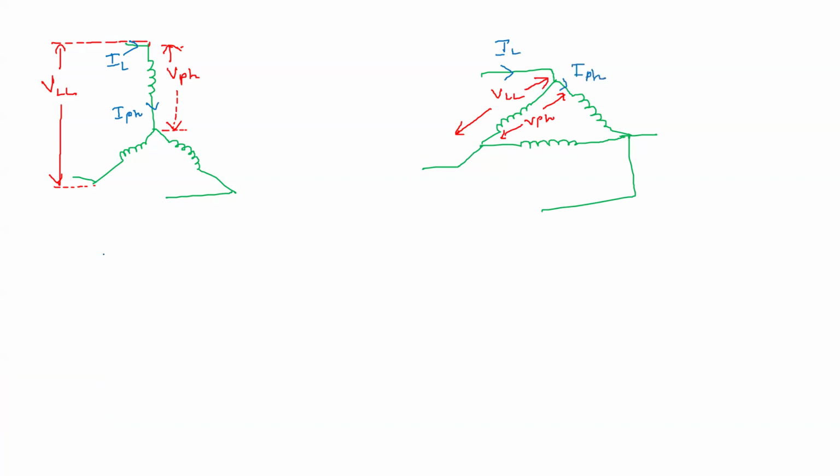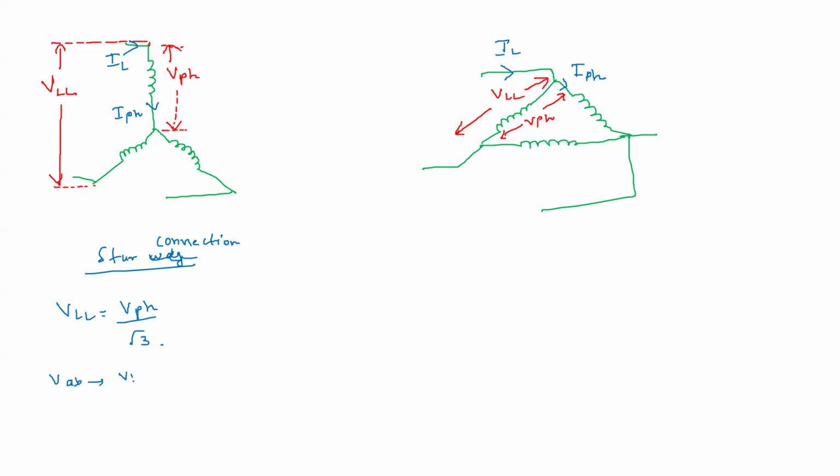For a star winding, star connection, your V line to line is root 3 times V phase. How can we see this? Suppose you have VAB.